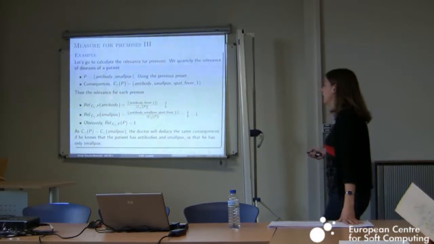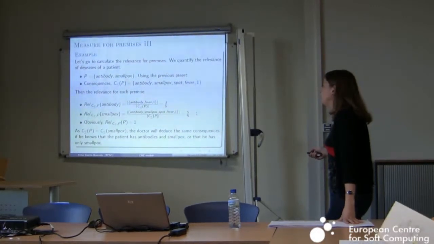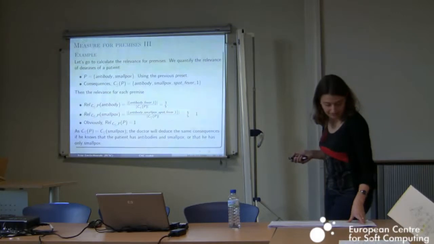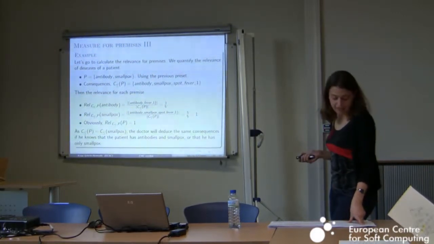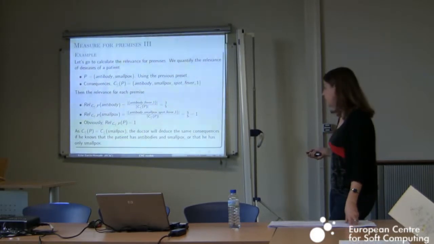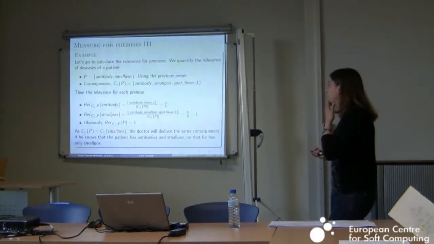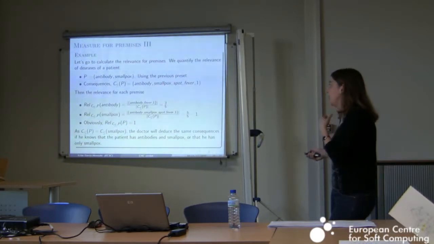The first premise, antibody, allow us to deduce antibody, fever, and 1. There are 3 elements divided by all consequences that are 5. So the relevance of this premise will be 3 divided by 5.